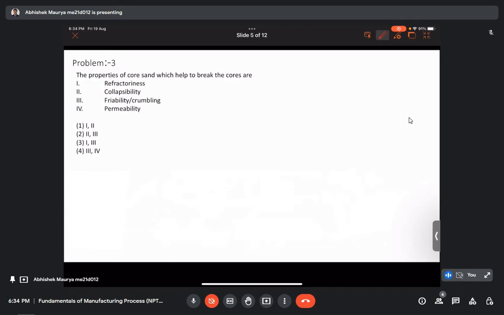So it is being asked in the question here. It has listed a few of the properties of the core, and specifically it is asking about the properties of core sand.